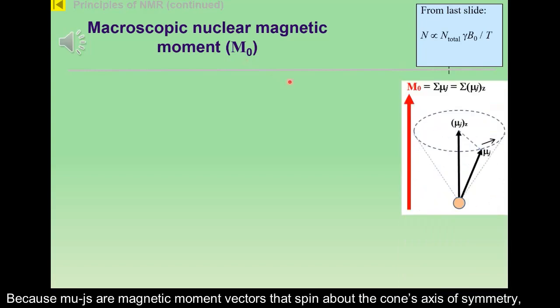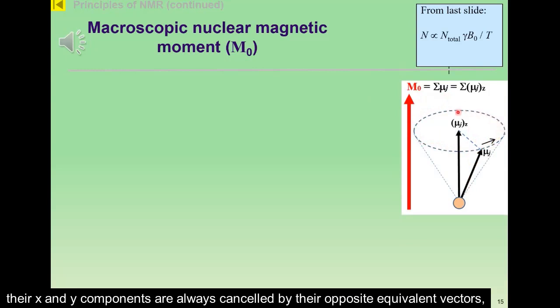Because mu js are magnetic moment vectors that spin about the cone's axis of symmetry, their x and y components are always cancelled by their opposite equivalent vectors.